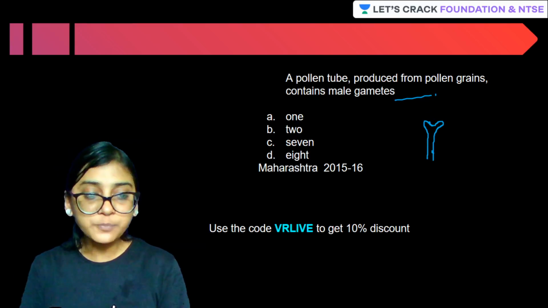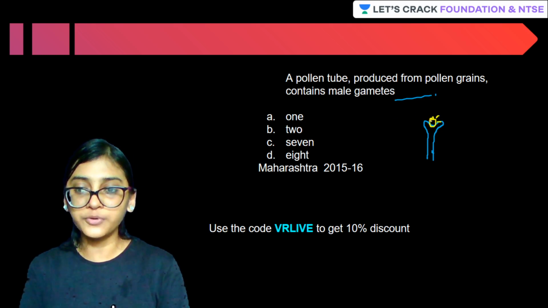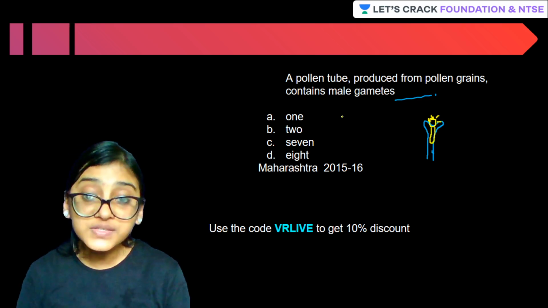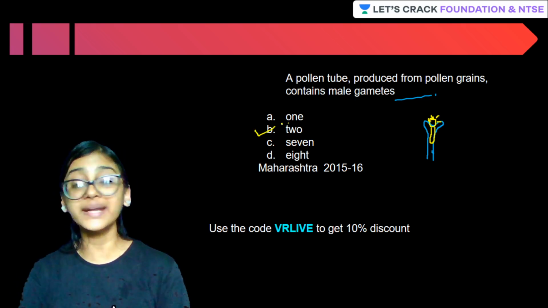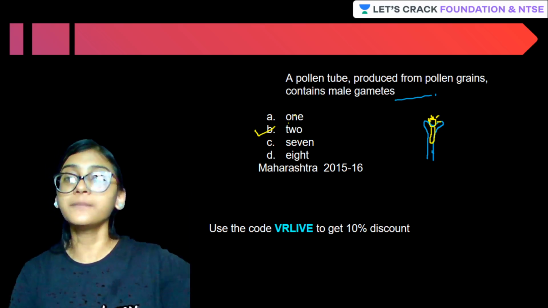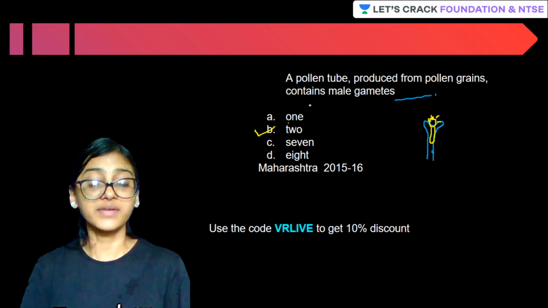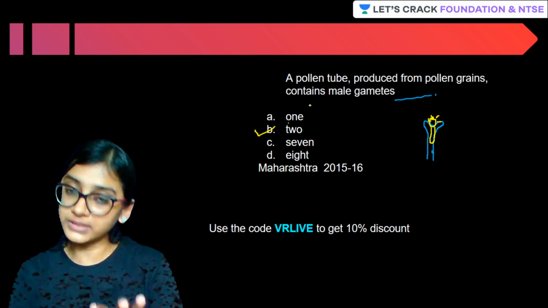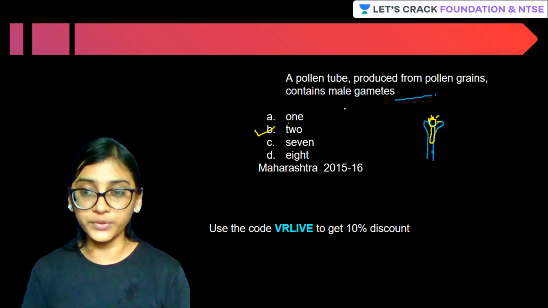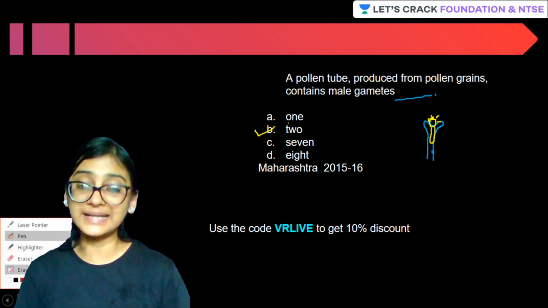So in the pollen tube, students, this is the stigma. When there are pollen grains on the surface of the stigma, they cause the production of a pollen tube. Now this pollen tube will have just 2 male gametes. But why 2, ma'am? Because one male gamete will fuse with the ovum to produce a zygote, and this zygote can later become the embryo, whereas the other male gamete in the pollen tube will fuse with the polar nuclei present in the ovule to form the primary endosperm nucleus and later the endosperm.